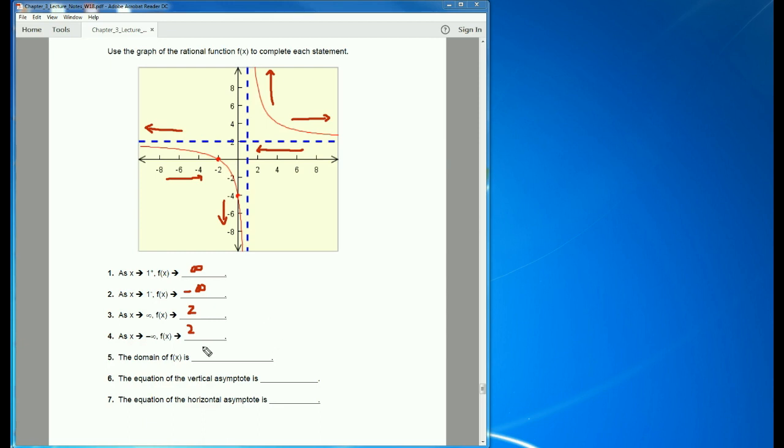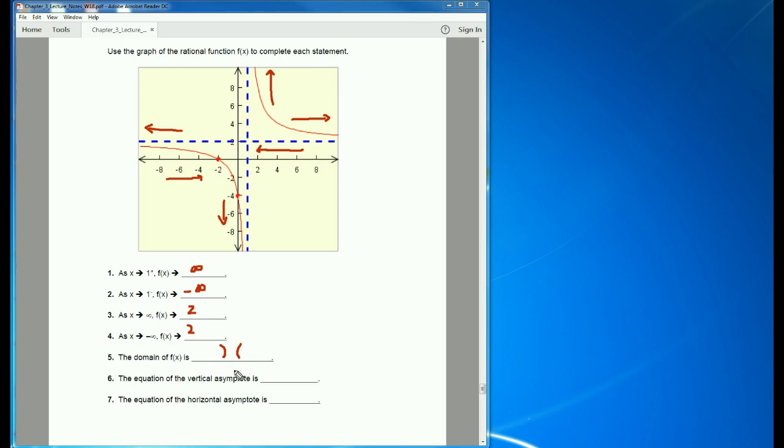Okay, the domain of the function is obviously any number other than x equals 1. So, (negative infinity, 1) union (1, infinity).